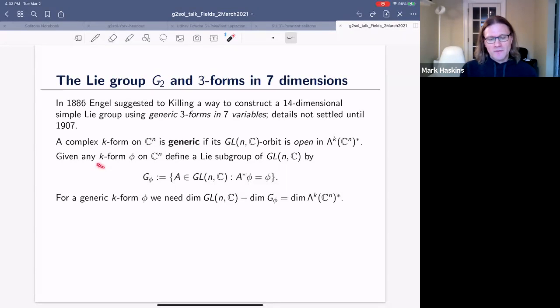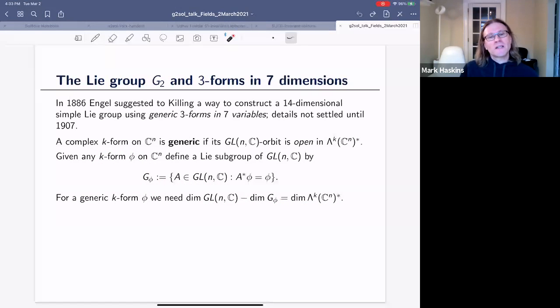For any K form, if I look at its isotropy subgroup, the stabilizer of that form, the general linear elements that stabilize it, then to be a generic 3 form, what I need is that the dimension of GL minus this should be the dimension of the space of all K forms.